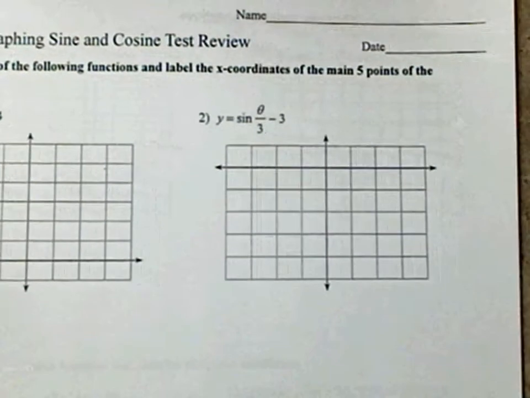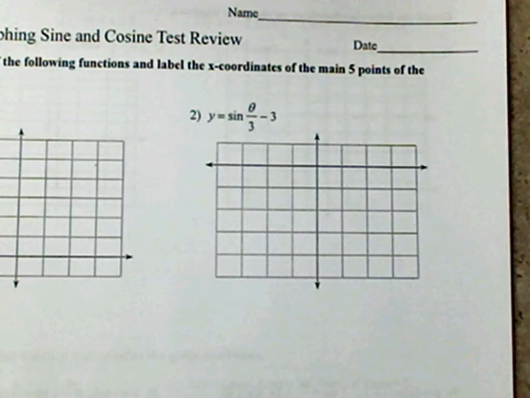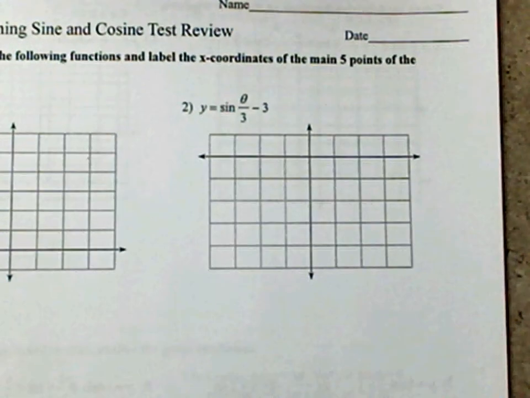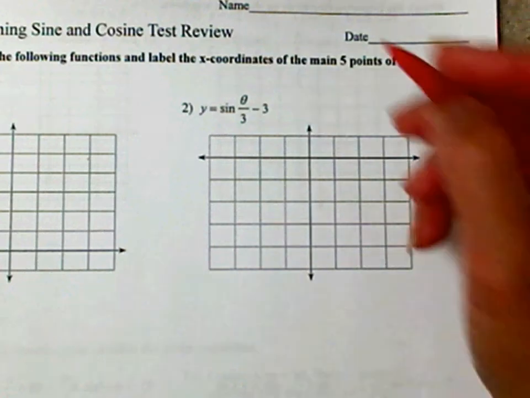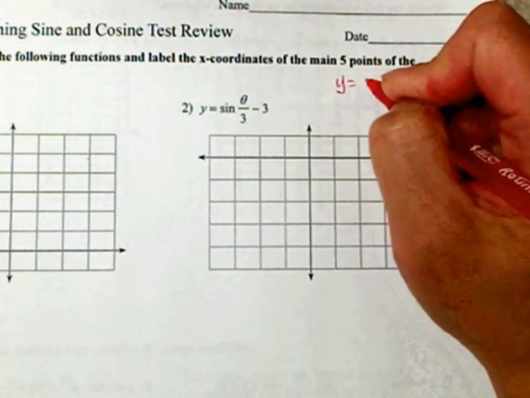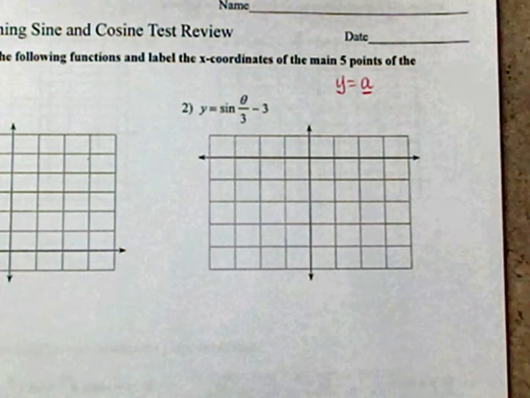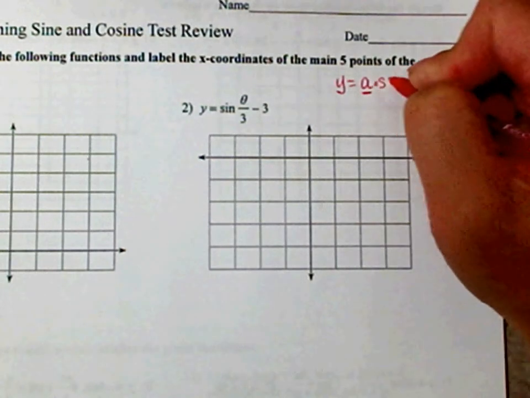Before we start, let's begin with writing our function to see what it looks like so you know what to plug in. We are doing sine and cosine. So it's y equals A, that's your amplitude, times your trig function.